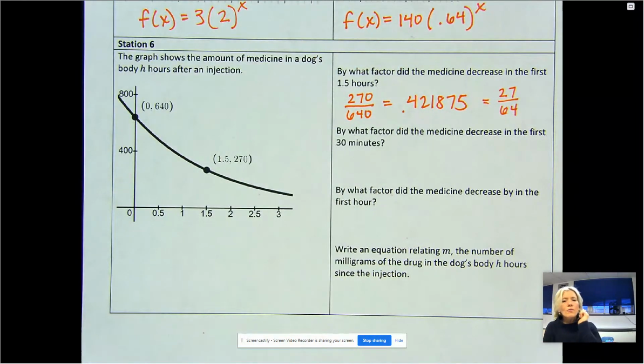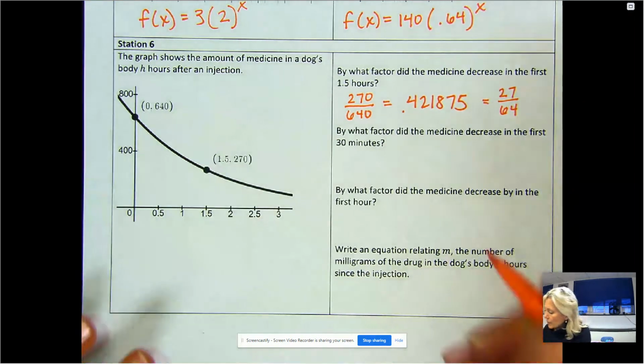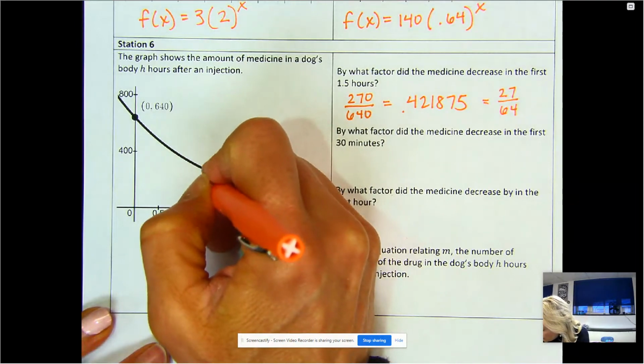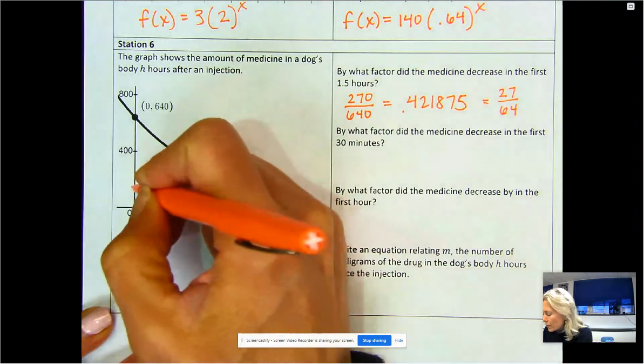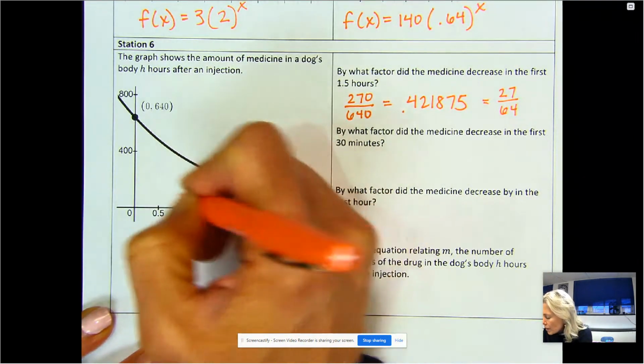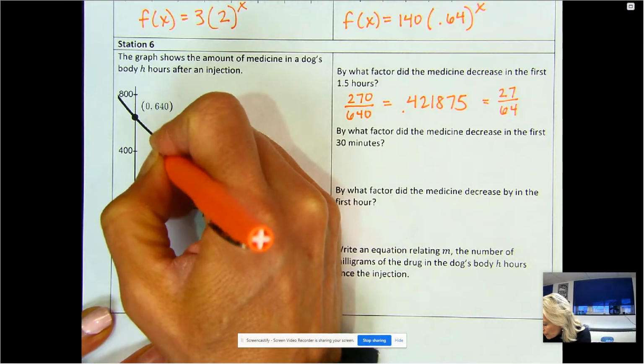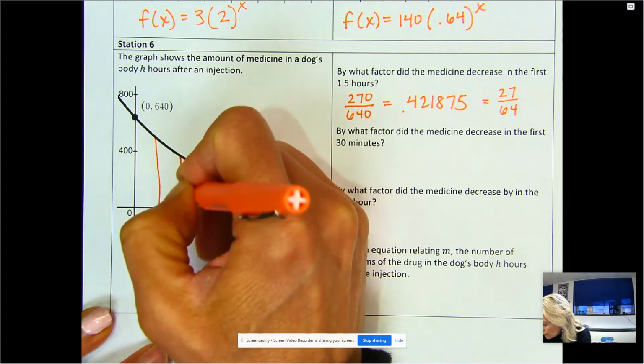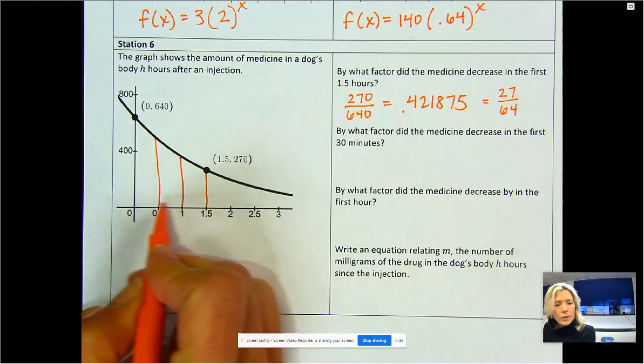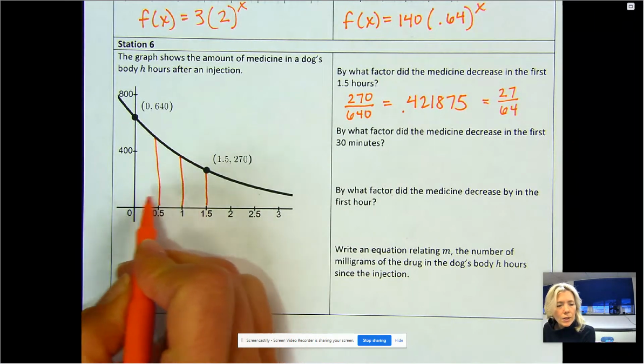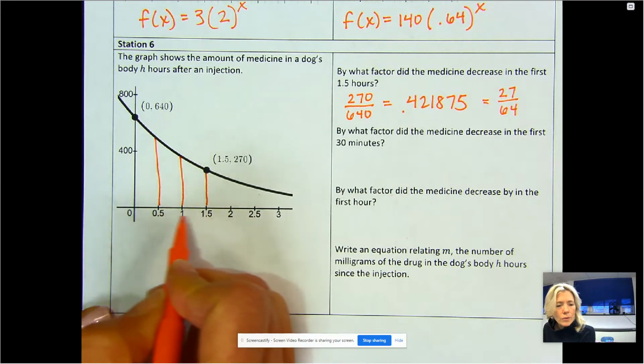Okay, by what factor did the medicine decrease in the first 30 minutes? So in the first 30 minutes, that would be like a half an hour, right? Again, if we think of this, this is an interval of 1.5 from 0 to 1.5. The first 30 minutes is 1/3, one out of these three that make up this whole interval.